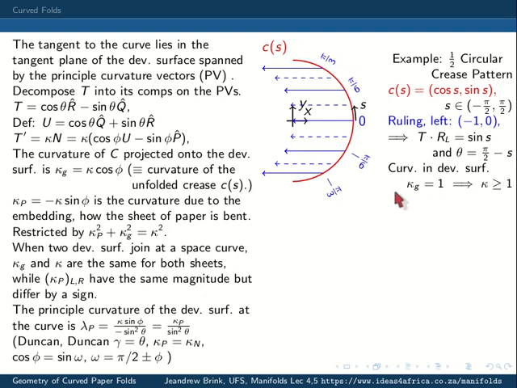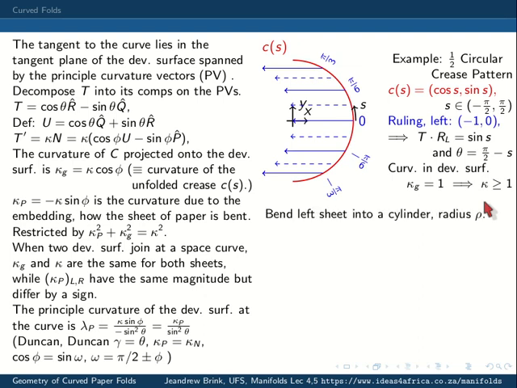And what that immediately tells us is that the curvature of the space curve must always be bigger than or equal to 1, okay, because of this definition that kappa g is simply kappa cos phi, and cos phi is always less than or equal to 1. Okay, so we have a condition on our kappa.